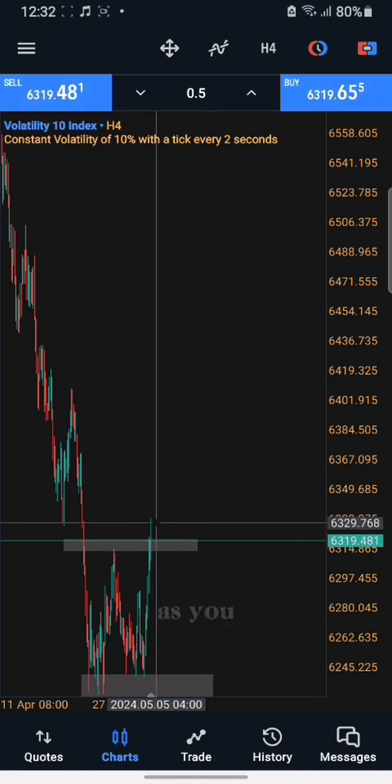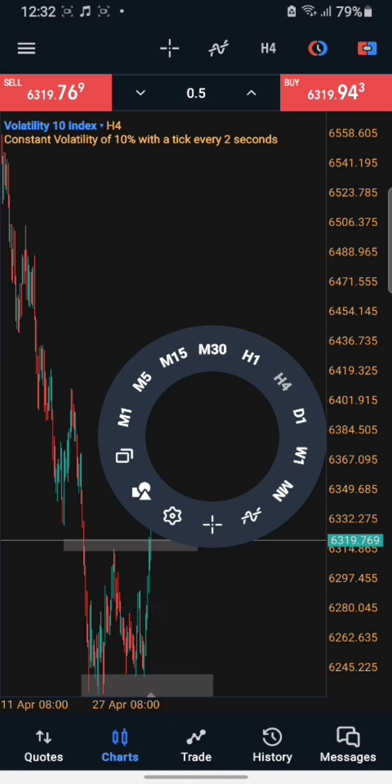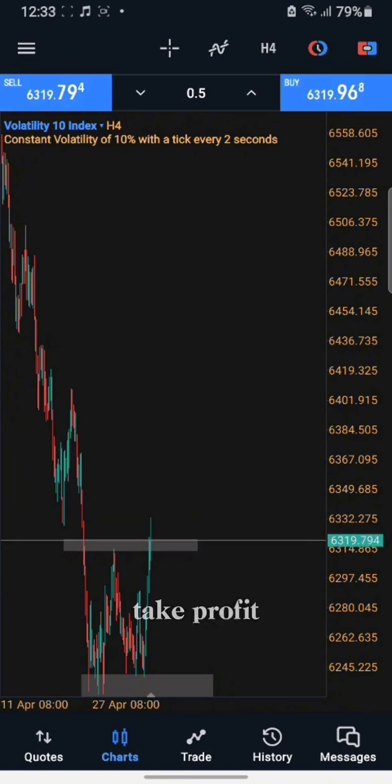So after some time, as you can see, our TP has been reached, marked by that cross that I've put. So remember, we put our take profit at that area of resistance that I'm marking right now.